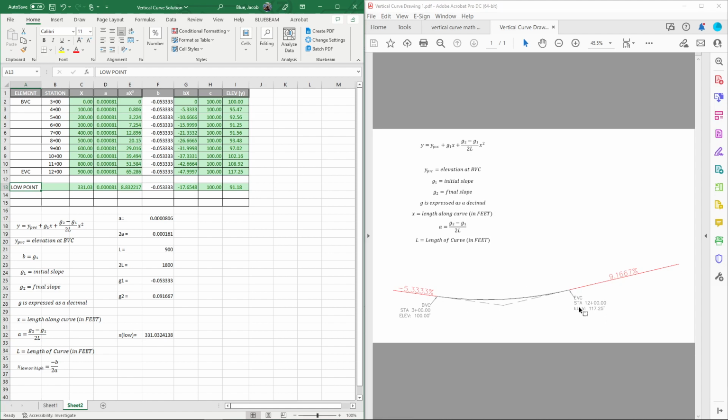If we have a crest curve, then we could calculate where that high point happens using the same formula, this negative b over 2a. That will tell us how far along the curve it happens, and then we should be able to calculate everything else. So what is the station at that low point? That's going to be our starting station plus the distance beyond our starting station, which would be 6 plus 31.03.